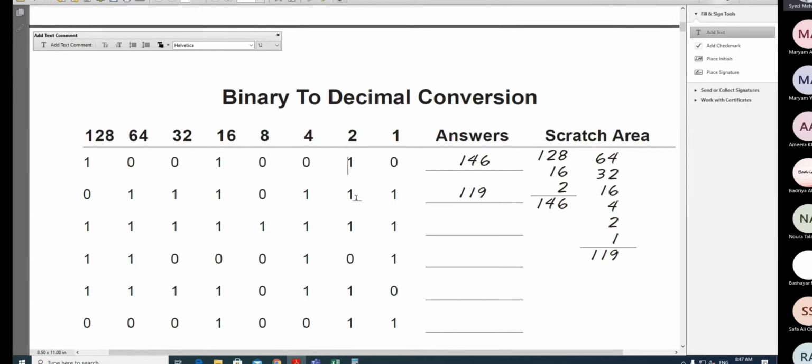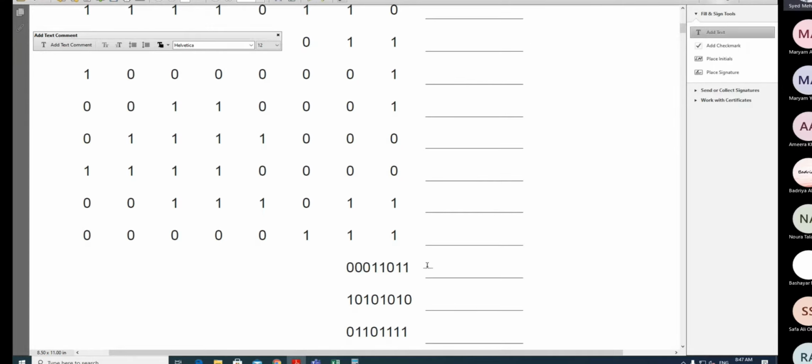This bit position is 4 on the scale, this is bit position 2, and this is 1. If you add all these 1s on this scale, it becomes the decimal number. Last time I already explained this.